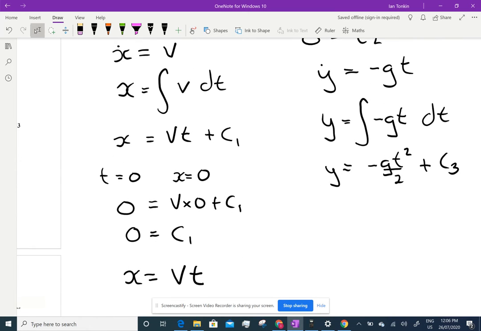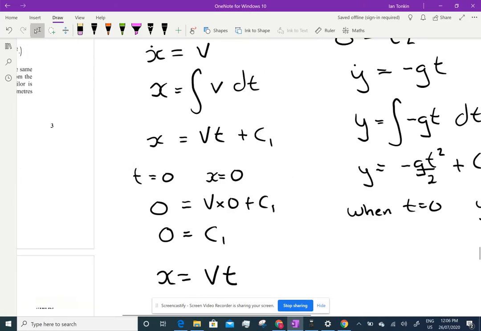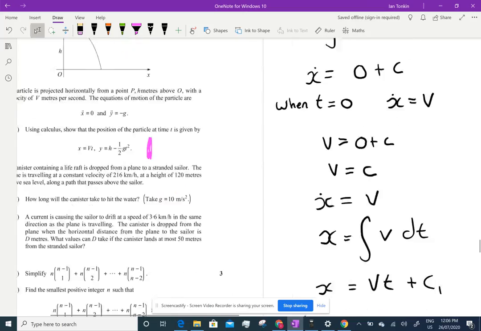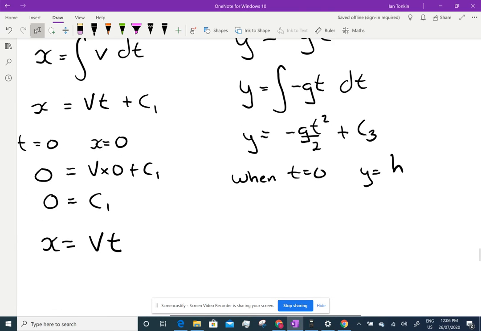And we know when t equals 0, and this is where you've got to be smart, that displacement equals, oh no, I'm a step ahead. It's just the height, whatever the height happens to be. I'm jumping ahead. I've already read the second part of the question.